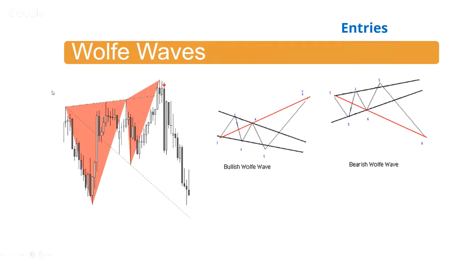Okay. So let me chart the points here. Point 1, point 2, point 3, point 4, point 5. Here you see the 1 to 3 is a trend line. 1 to 4 is a trend line. Point 2 in a bearish Wolfe Wave is the lowest point.